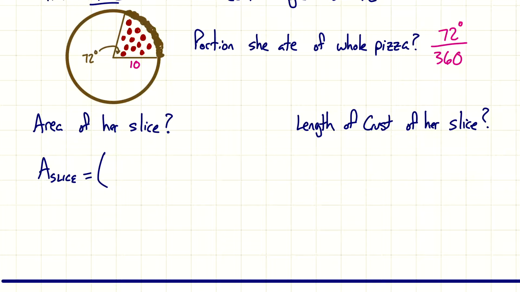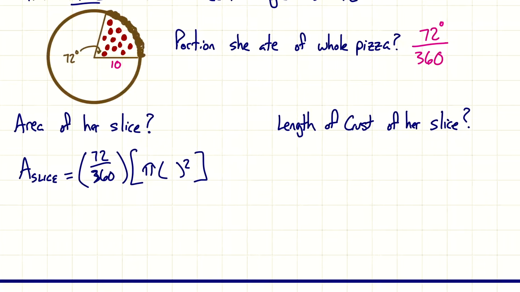I'm going to get you started on this one. So we're going to do 72 over 360, and we're going to do pi r squared. And then I'll help you out with the crust as well.